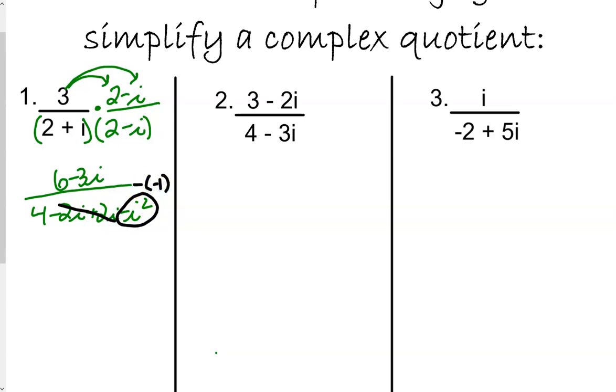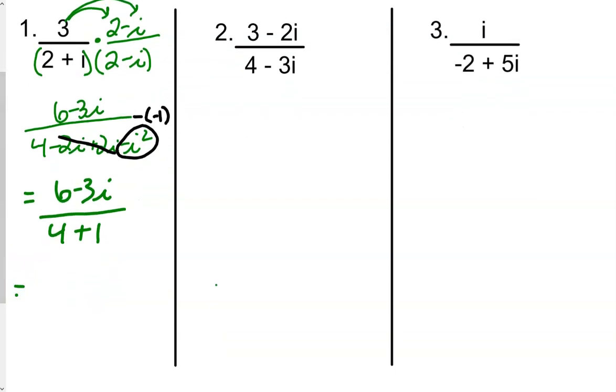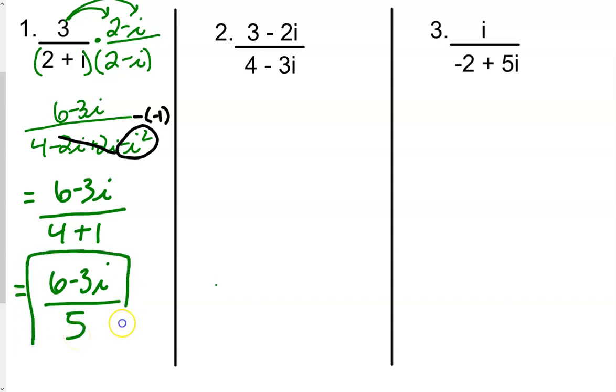So our denominator really simplifies to 4, and the -1 is just +1. So we end up with 6 minus 3i divided by 5. So look at that. I multiplied a conjugate to itself and just got a nice real number out of it. There is no more i in my denominator.